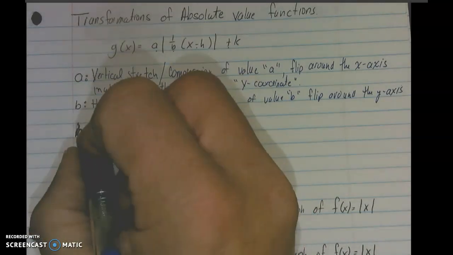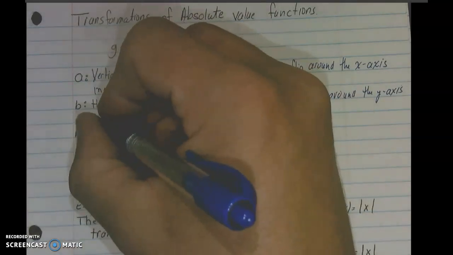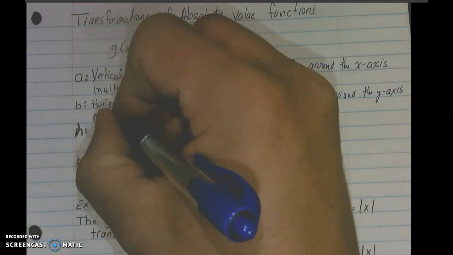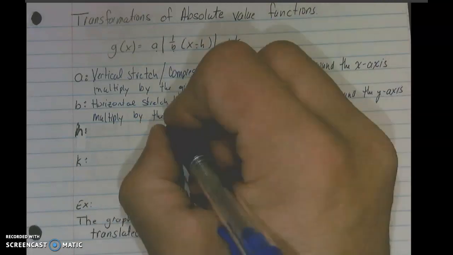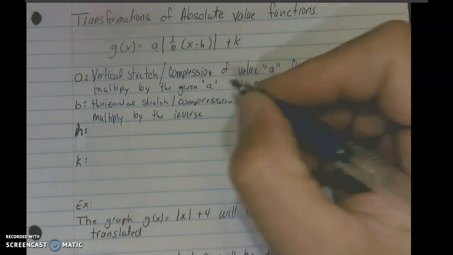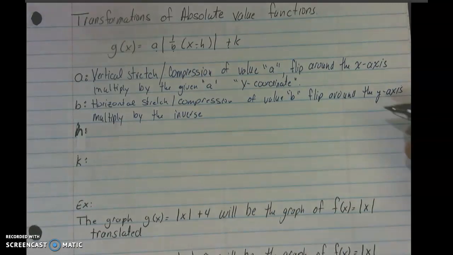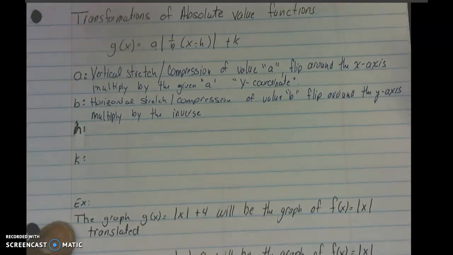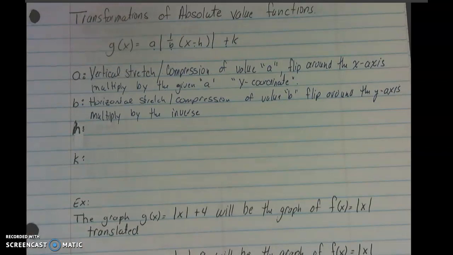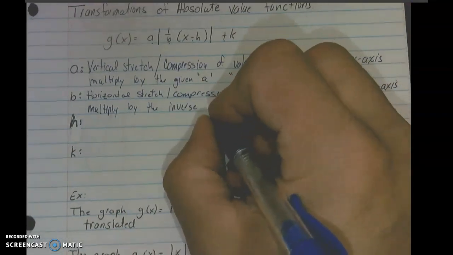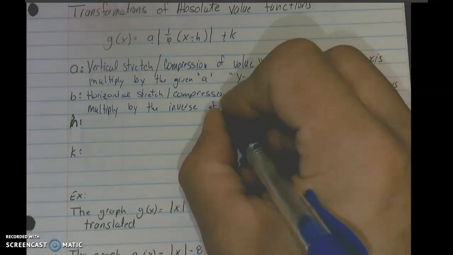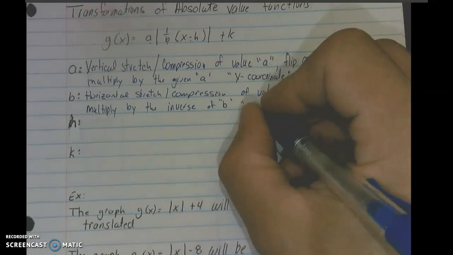So this time, this is a multiply by, I'm going to say the inverse. So if it gives it to you as a whole number, remember you're multiplying by its opposite. So if it's a whole number, it's actually a compression, horizontal compression. If it's a fraction, then it's actually a horizontal stretch. Okay. So you kind of have to multiply by the inverse of your B. Okay. And this affects our x coordinate.